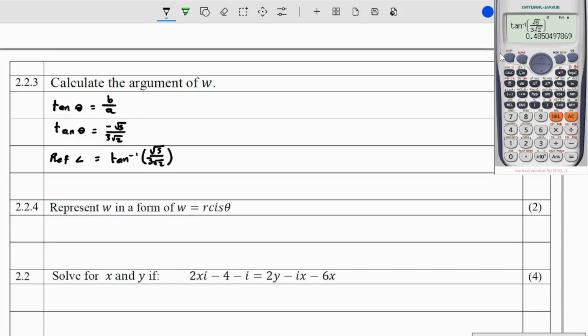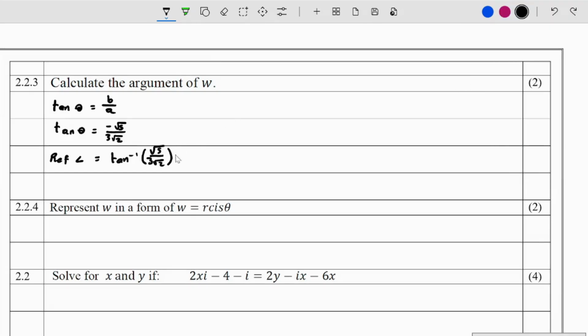Mine is not in degree mode, so let me just change the mode of my calculator. Shift mode from radians to degrees, equal to 27,79. That is the correct value there.